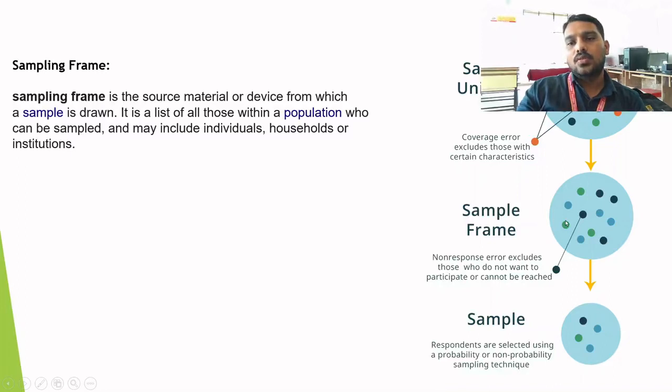So the sampling frame is the source material or device from which a sample is drawn. It is a list of all those within a population who can be sampled, and may include individuals, households or institutions. On that sampling frame, we can get a sample as shown or depicted here.